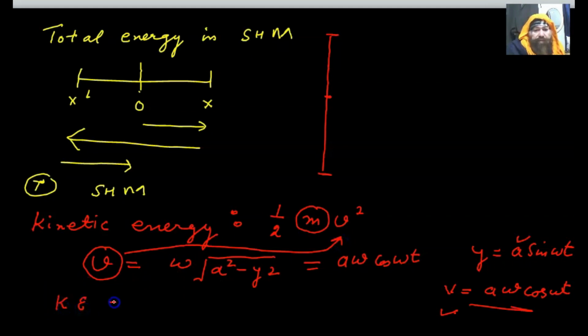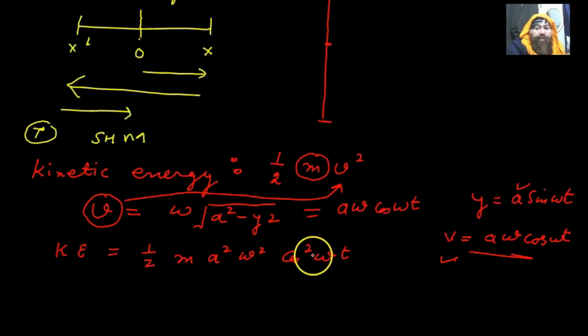kinetic energy becomes half m a square omega square cos square omega t. What this expression tells us is that kinetic energy is a function of time.